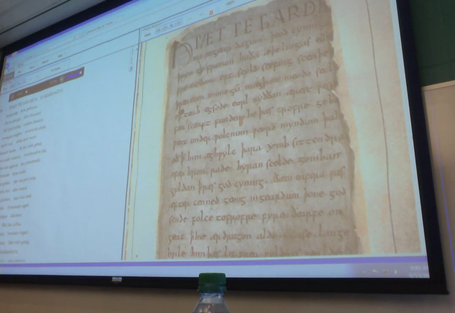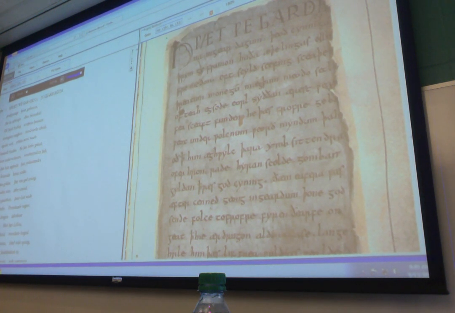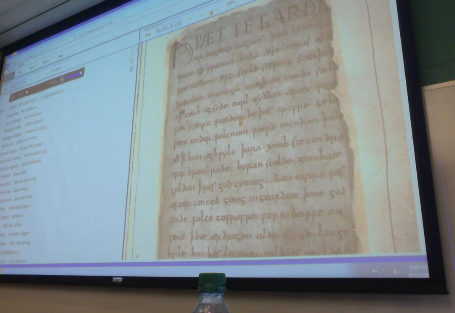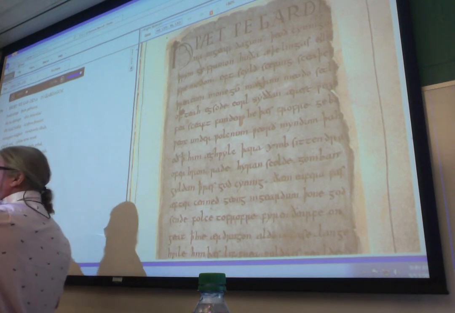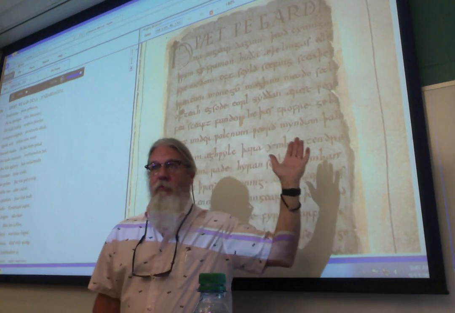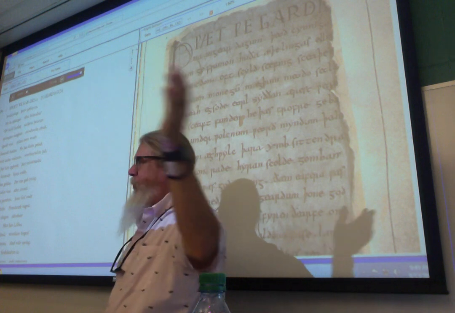Because the manuscript was owned by a man named Sir Robert Bruce Cotton, who was a collector, antiquarian, and he had a big library. Think of the library as being like this room, because it actually wasn't much larger than this room. And on each of the walls, he had bookcases, what were called book presses.